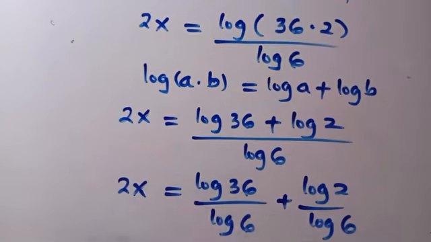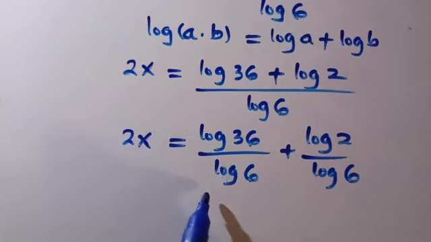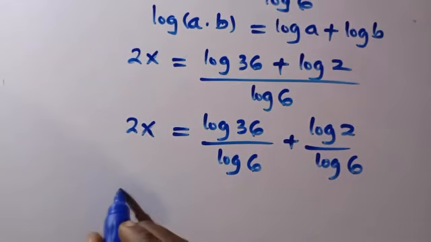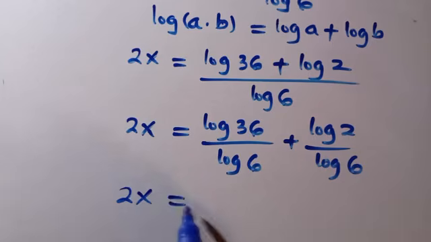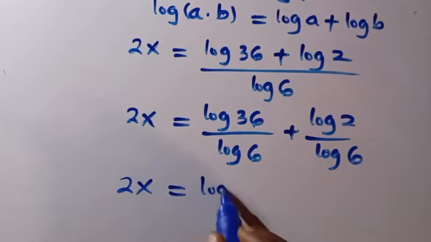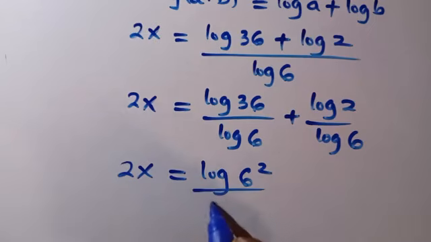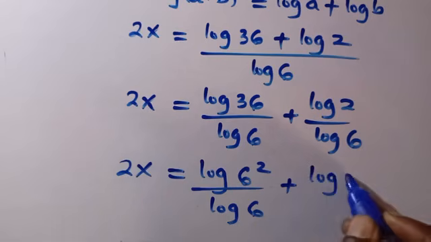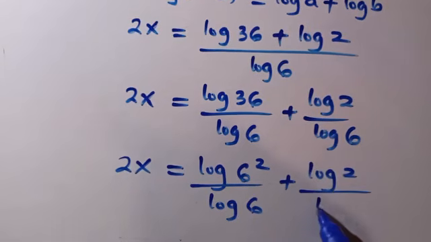From these expressions, 36 is a perfect square, which we can write as 6 squared. Then we have 2x equals log 6 squared divided by log 6 plus log 2 divided by log 6.